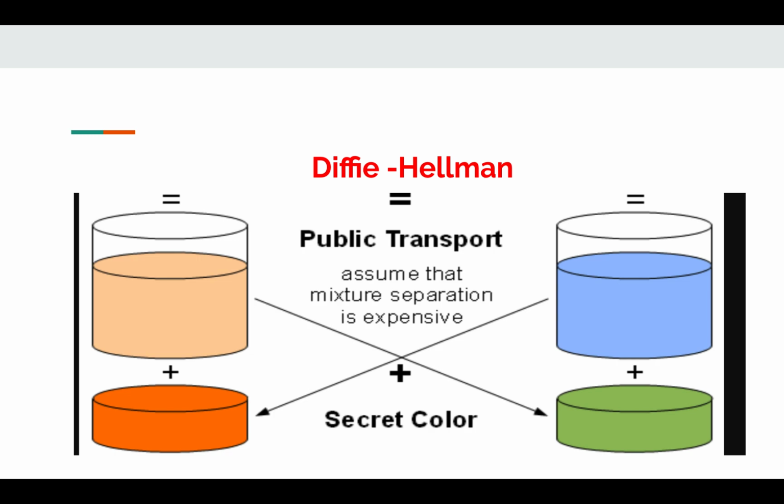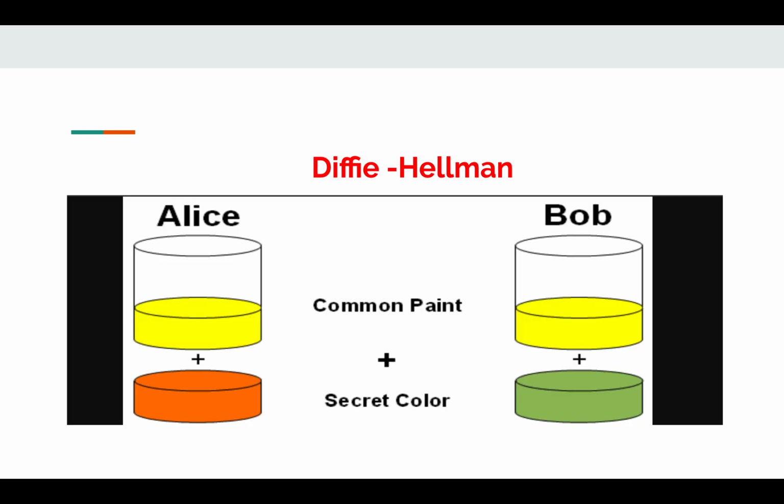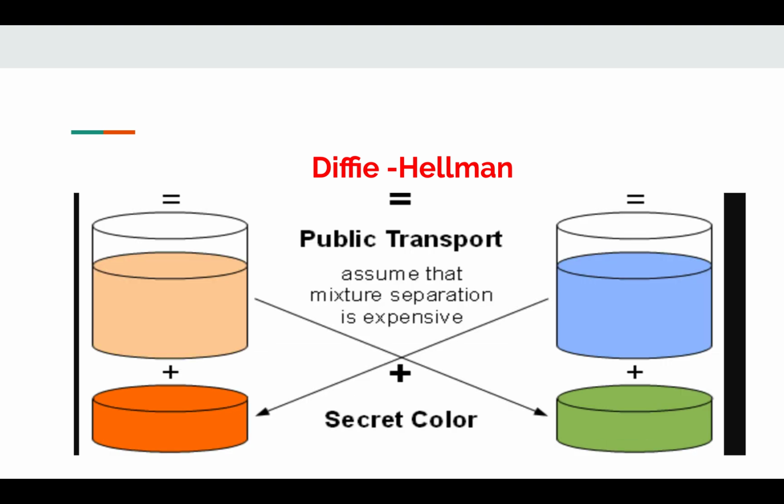Don't forget that Alice and Bob still have their private colors, orange and green, separately. Then Alice is gonna send her mixed color to Bob, and Bob is gonna do the same thing and send his color to Alice.